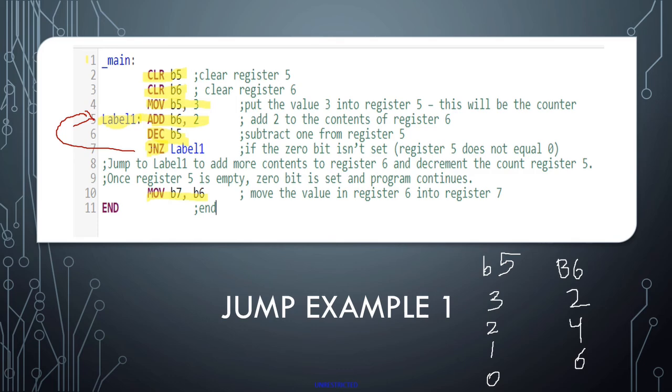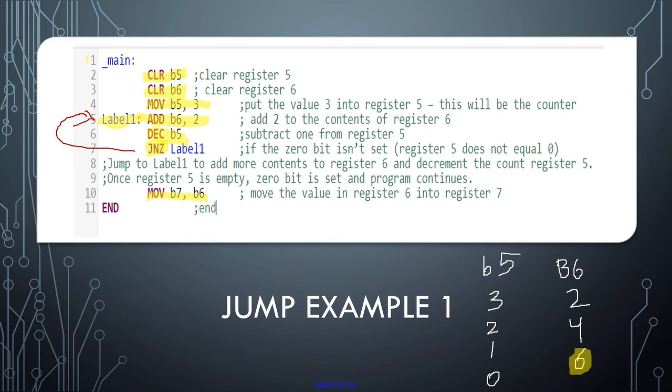And so all this line is doing is moving the value that we end up with in register 6, which happens to be 6, into a new register B7. If you changed the contents of register 5, essentially our counter, you could add to register B6 more times.